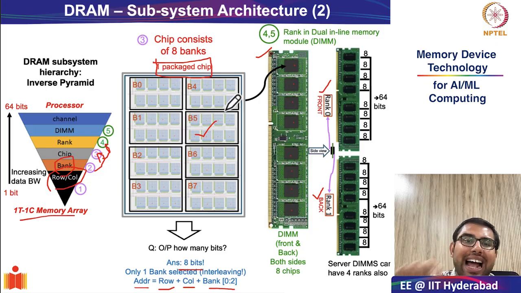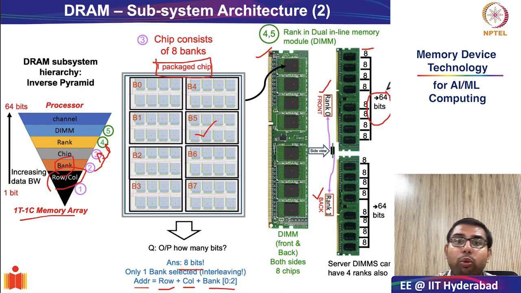Because only one bank is active at one period of time or one operation cycle, 8 bits are the output from each package chip. Since there are 8 such chips on one side of the rank, all these 8 bits coming out from the 8 package chips make up the net 64 bits which will finally be sent to the processor.